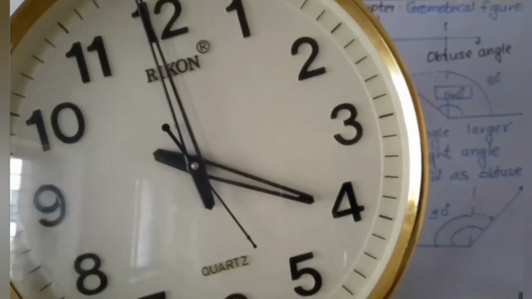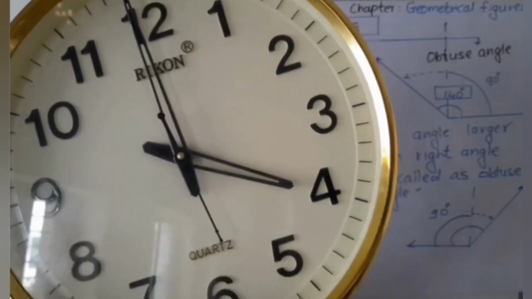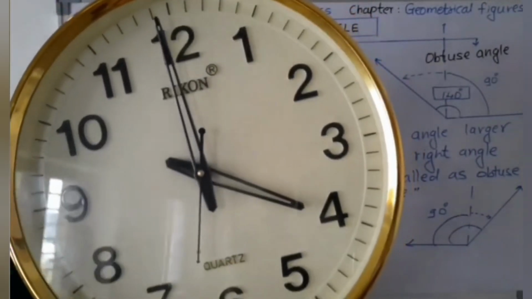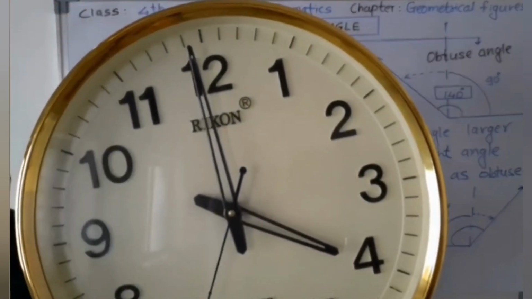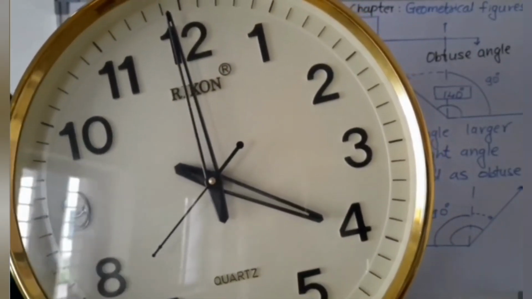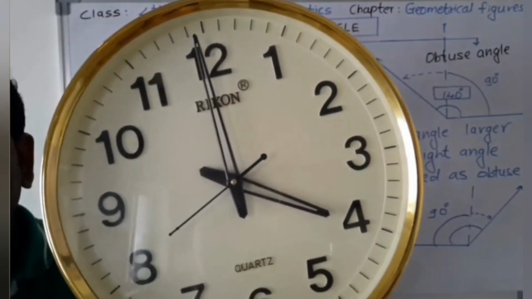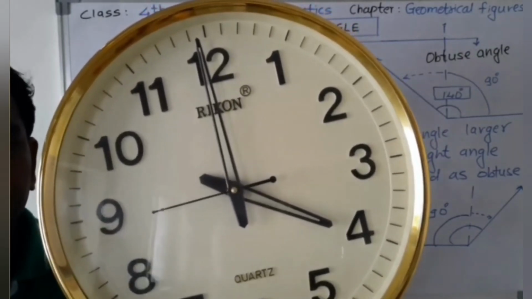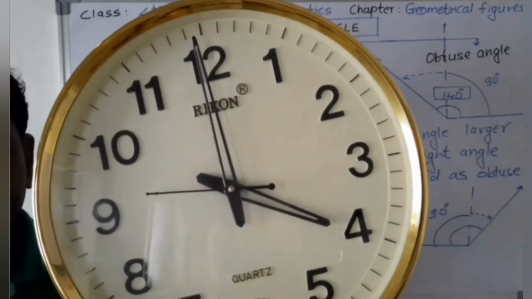So look at the clock carefully. Here in this clock, hour hand is on 4 and minute hand is on 12. And the angle between hour hand and minute hand is definitely larger than 90 degree, and therefore the angle formed at 4 o'clock is the obtuse angle.